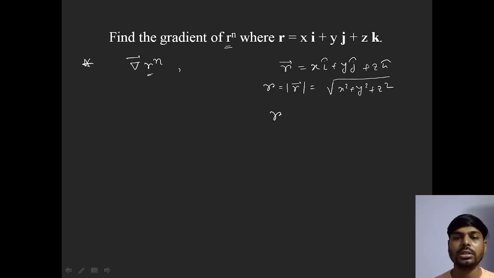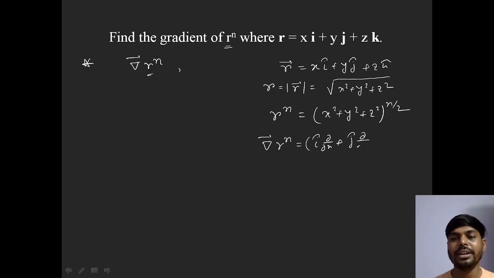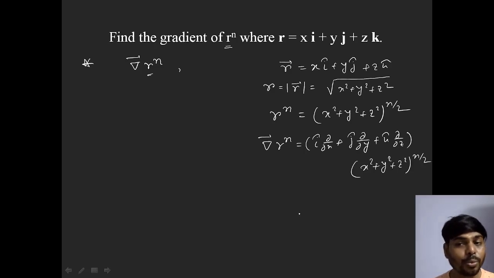So r to the power n you can write as x square plus y square plus z square whole to the power n by 2. When gradient of r to the power n is asked, that means basically i cap del del x plus j cap del del y plus k cap del del z, operated on x square plus y square plus z square whole to the power n by 2.